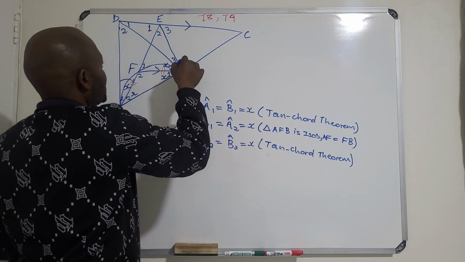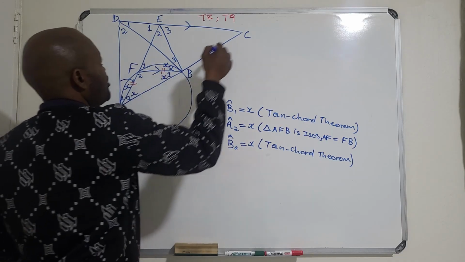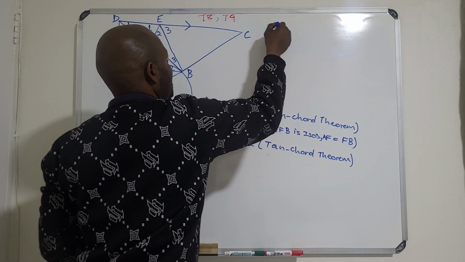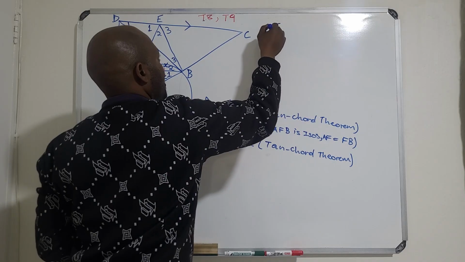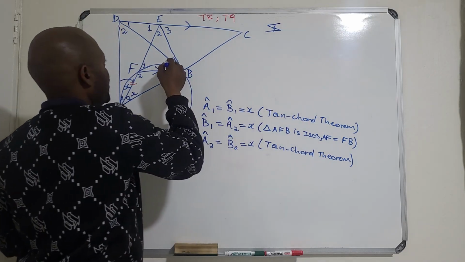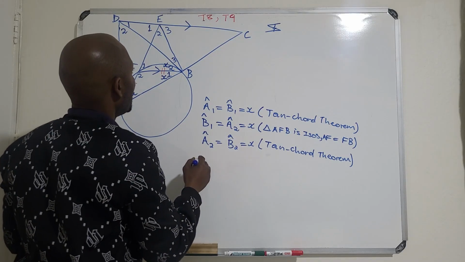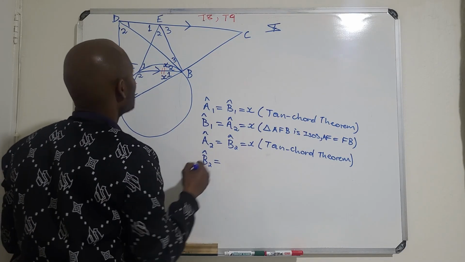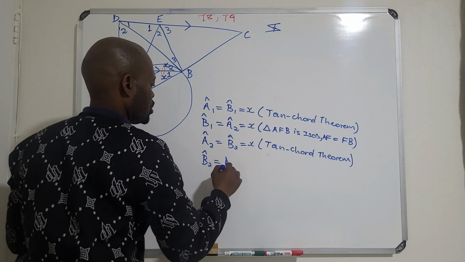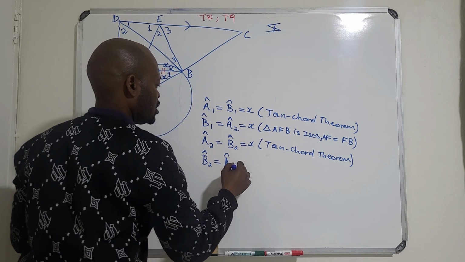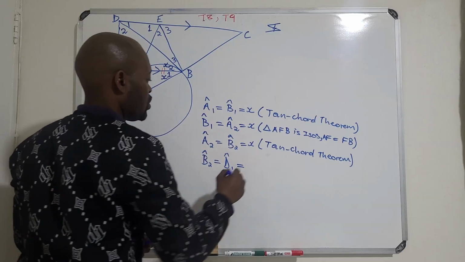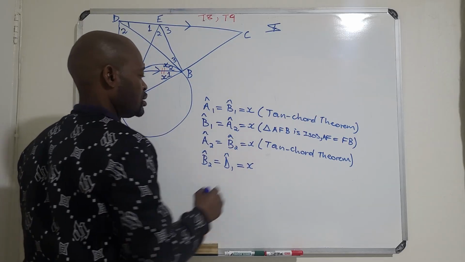There is your Z or your N shape, your Z facing that way. This angle is equal to that angle. Therefore, angle B2 is equal to angle D1, which is equal to x as well.